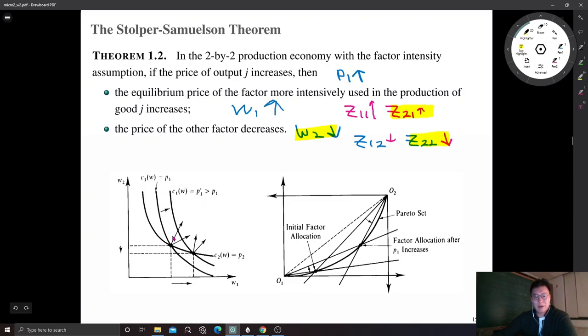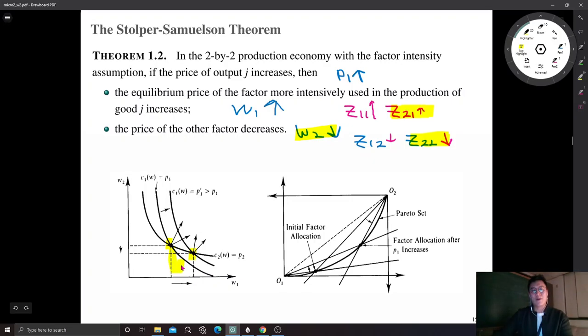So the level curve of firm 1's unit cost function will shift up like this. Okay? So we have a new intersection. Remember, the input prices are determined at the intersection between these two level curves. Okay? So the intersection changes from this point to this point.